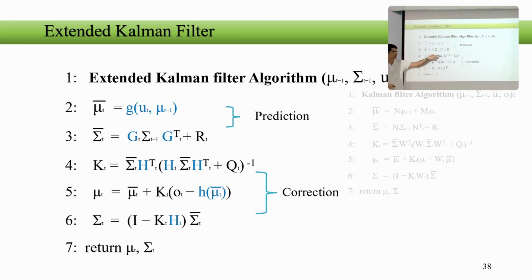Then after calculating the Kalman gain, we need to update the predicted mean and predicted covariance by the observation. Again, the same thing, replacing with h of mu t and the matrix Ht that can accept a non-Gaussian model for me.